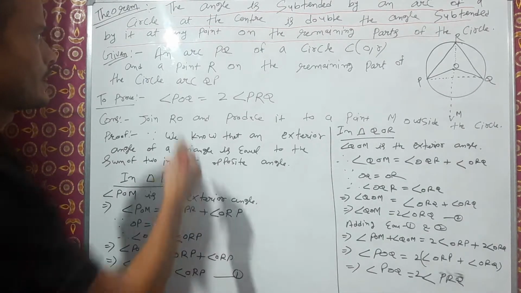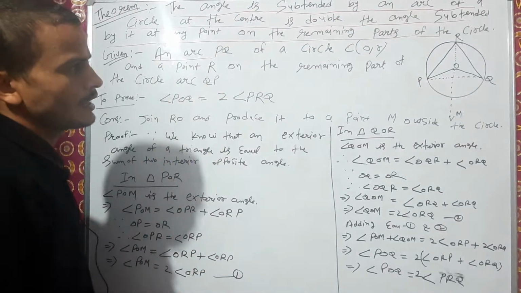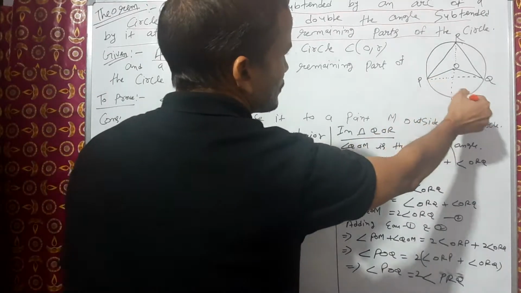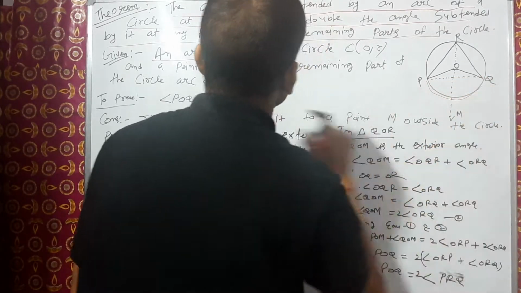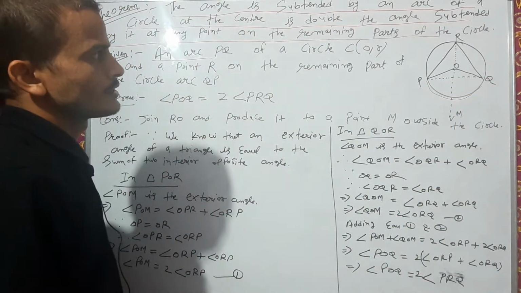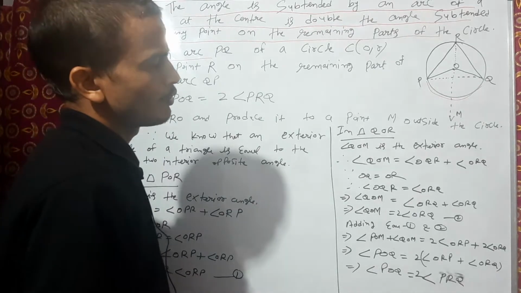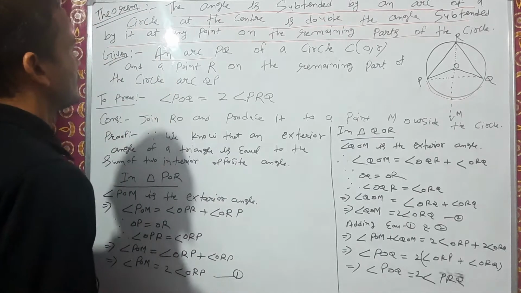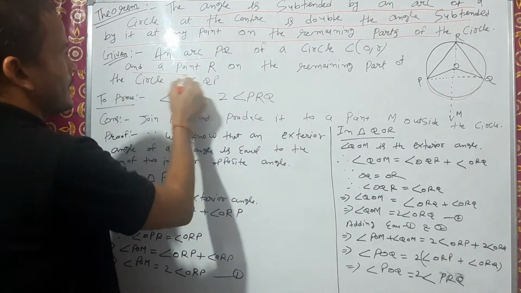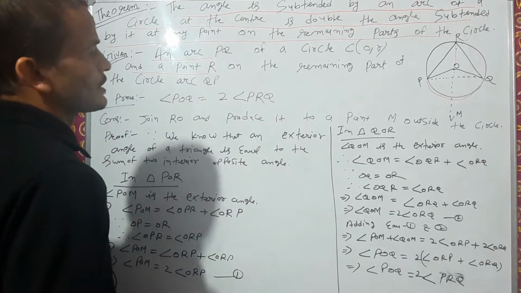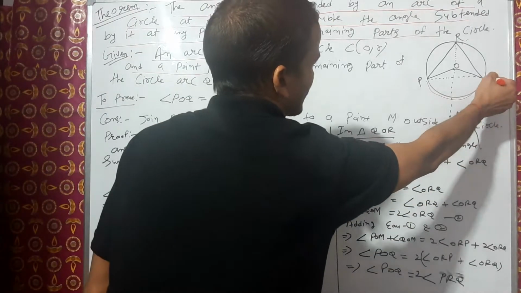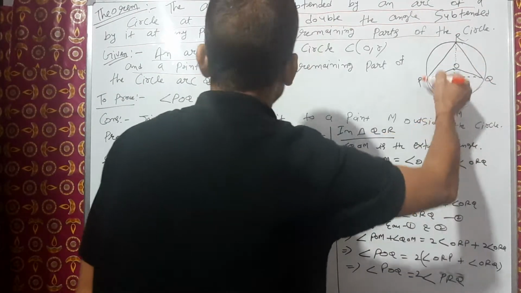So here it is given that arc PQ is an arc of a circle with center O and radius R, and a point R is on the remaining part of the circle, arc QP.